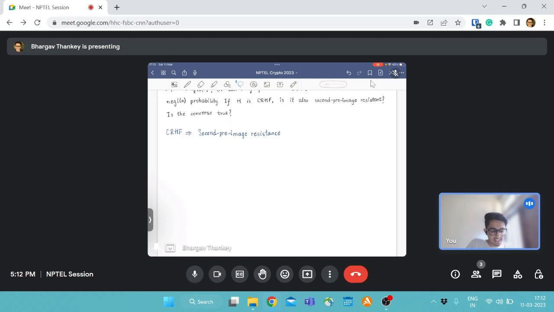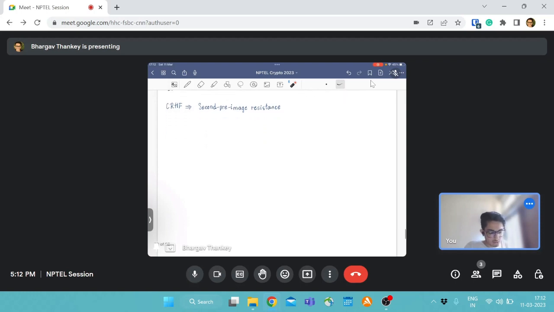That would mean that CRHF implies second pre-image resistance, because this is stronger, this is weaker. Let's show this with a reduction.